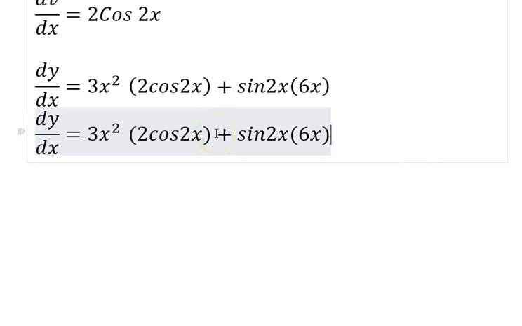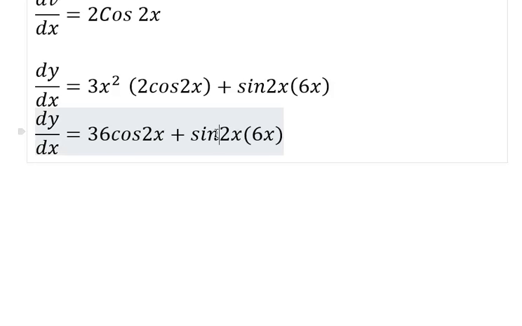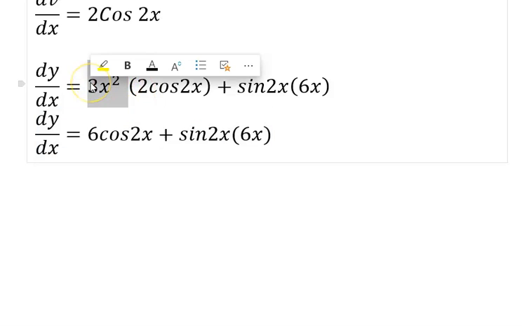So let's just open up these brackets that we have here.